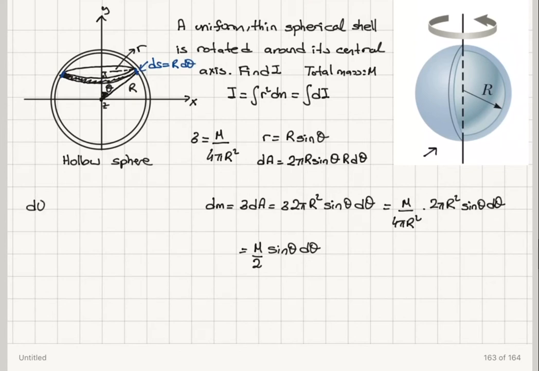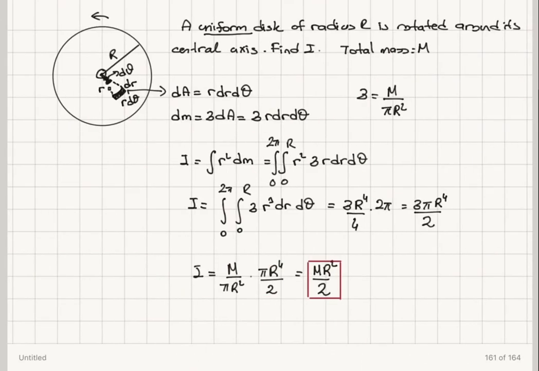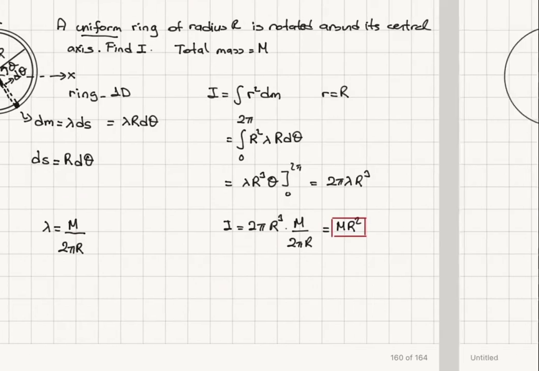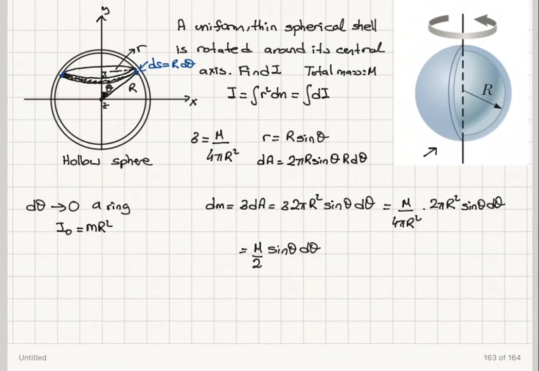Okay, so when d theta is going to 0, this is a ring, and for a ring I know that for rotations around the center I have a moment of inertia mr squared. How do I know? I go back to my ring example and this is what I find. mr squared was the moment of inertia. So I'm going to use this result basically for rotations around the y-axis here.